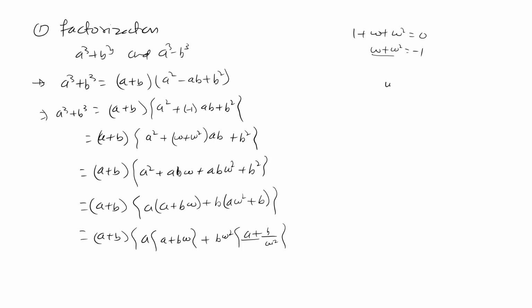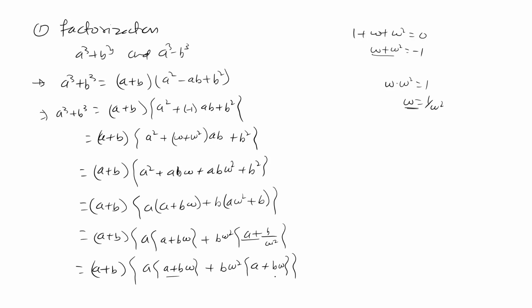So omega into omega square is equal to 1, so omega is equal to 1 by omega square. It means 1 by omega square, you may write as omega, right? So this one is a plus b into a plus b omega and plus b omega square, and a plus b over omega square means 1 by omega square is omega, so you can simply write b omega, right?